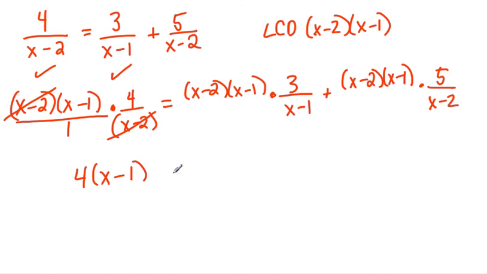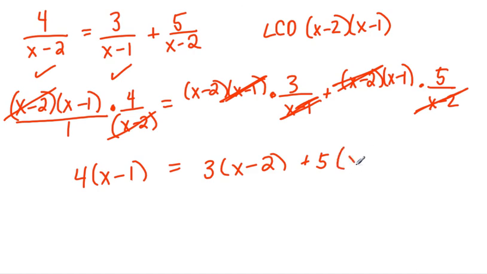So what do I have left? 4 times the quantity x minus 1. What goes away over here? So 3 times x minus 2. And then what goes away over here? So plus 5 times x minus 1.